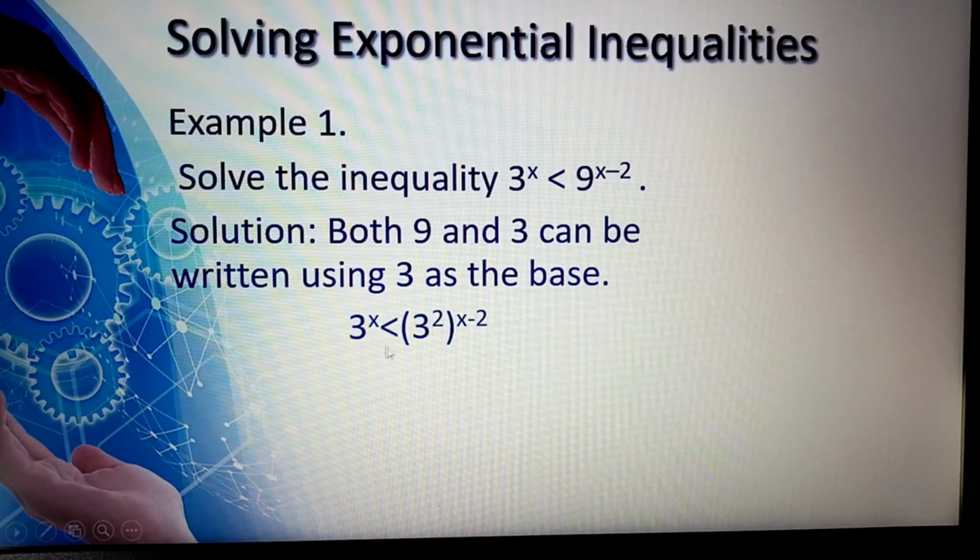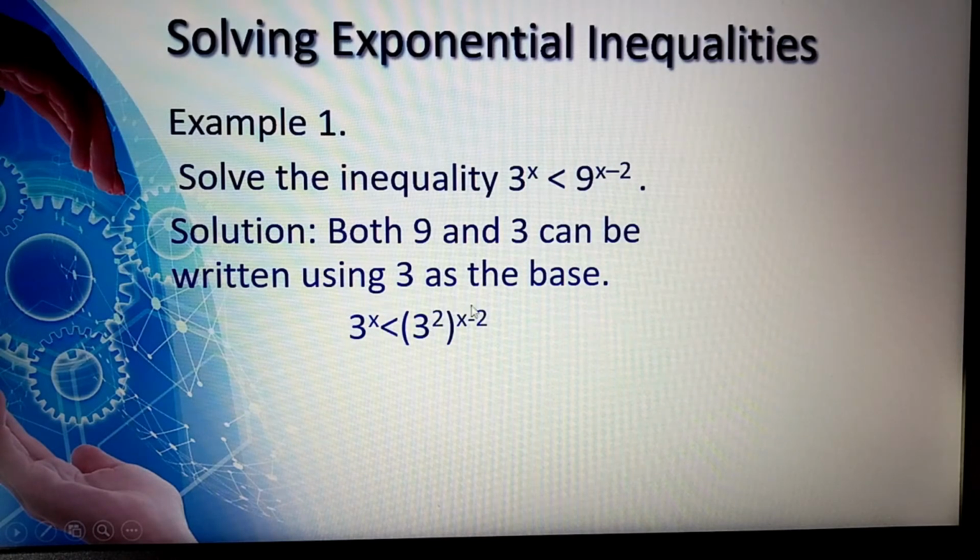So this will now be the result. On the left side, 3 to the x remains. But on the right side, the base 9 can become 3 squared, and that is also 9. Okay?